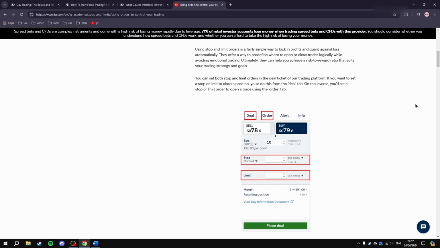They offer a way to predefine where to open or close trades logically while avoiding emotional trading. Ultimately, they can help you achieve a risk-reward ratio that suits your trading strategy and goals. You can set both stop and limit orders in the deal ticket of our trading platform. If you want to set a stop or limit to close a position, you do this from the Deal tab. On the inverse, you set a stop or limit order to open the trade using the Order tab.